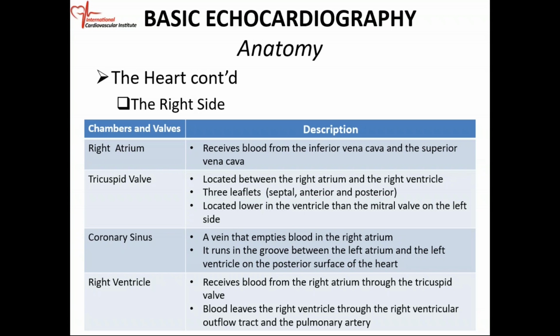The mitral valve is usually a little bit higher. So once you see that, you know the lower valve is usually the tricuspid valve, and it identifies the anatomic right ventricle.